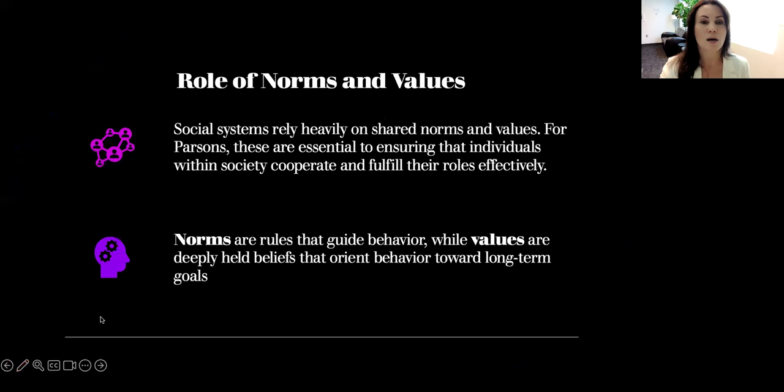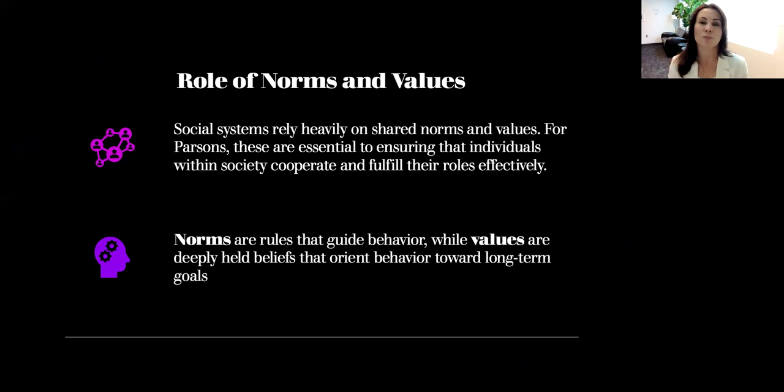Yes, I'll talk about that in a bit. Norms are rules that guide behavior, while values are deeply held beliefs that orient behavior toward long-term goals. Now, you have norms in your family. Maybe your family norms are somebody takes the dog out and that person every day does that, or takes turns. Everybody takes turns to do that.